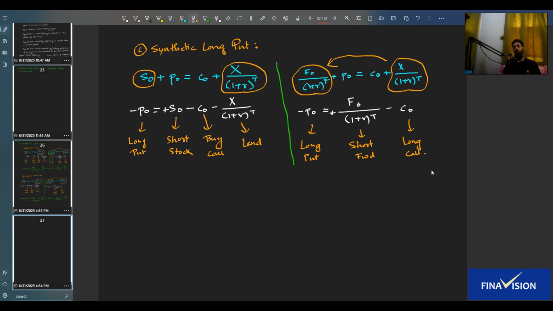The borrowing or lending amount, as we have said before, is going to be ignored in case of put call forward parity equation because there is no upfront cash flow happening here. Now, let me write it.